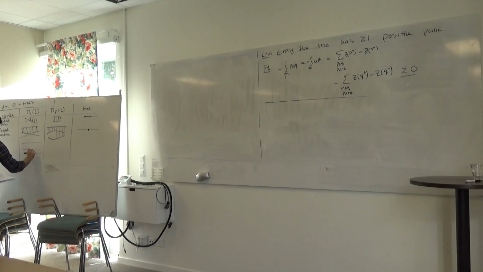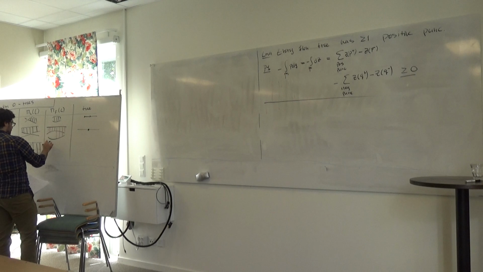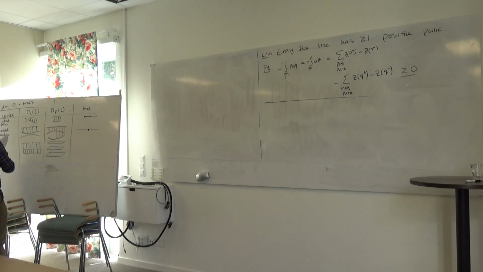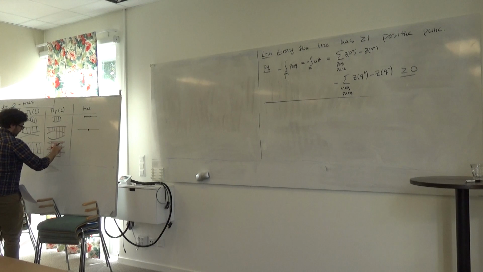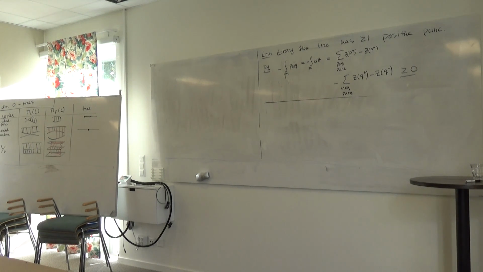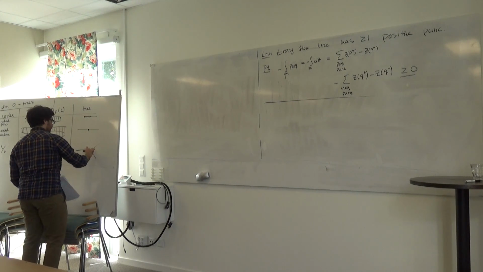There's the disk splitting into two, and the corresponding tree is a three-valent vertex.